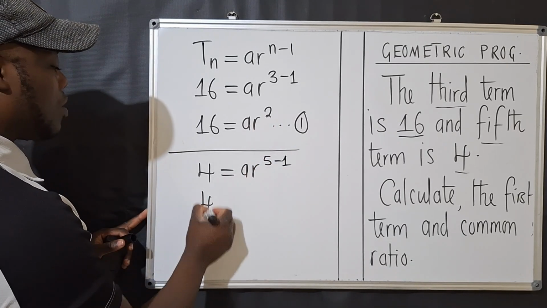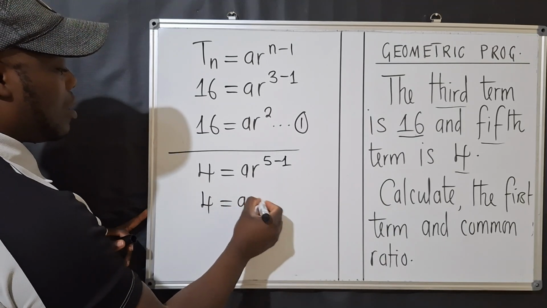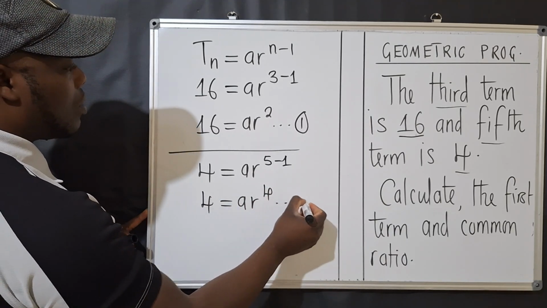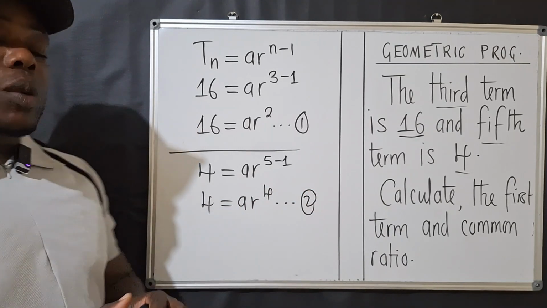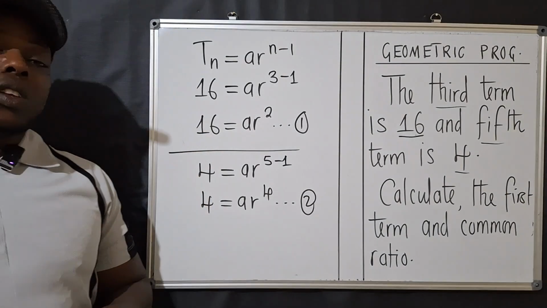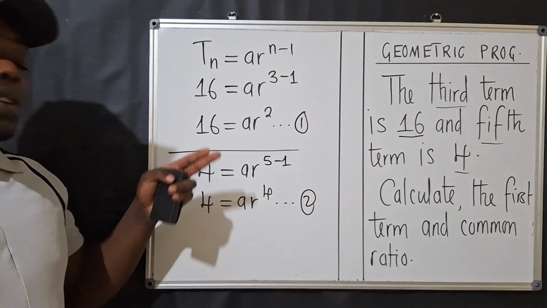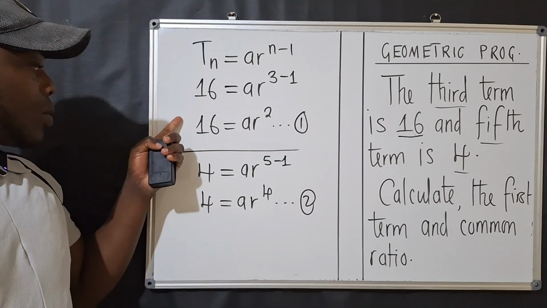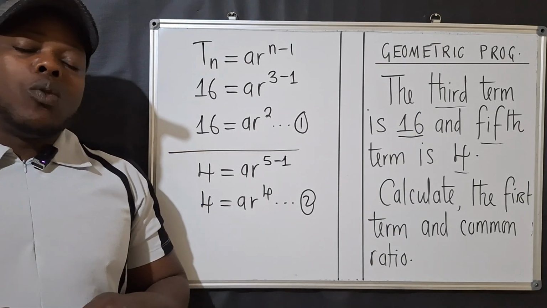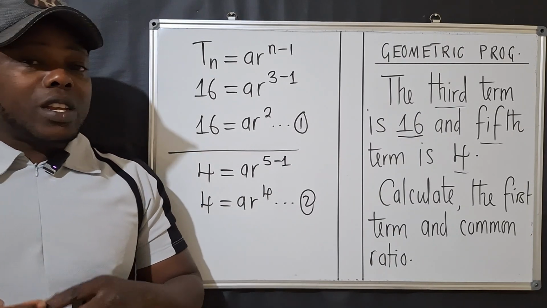We simplify this, of course. This is giving us this, and this is equation number 2. So if you're able to see nicely, we've gotten 2 equations, equation 1 and equation 2. We can now solve them simultaneously.